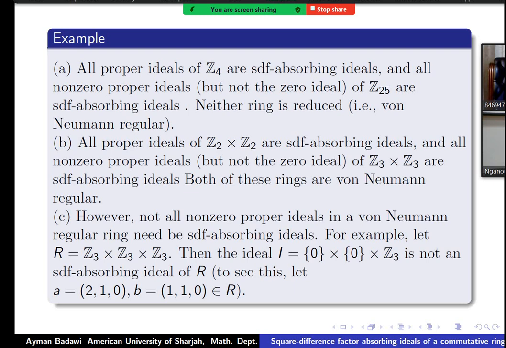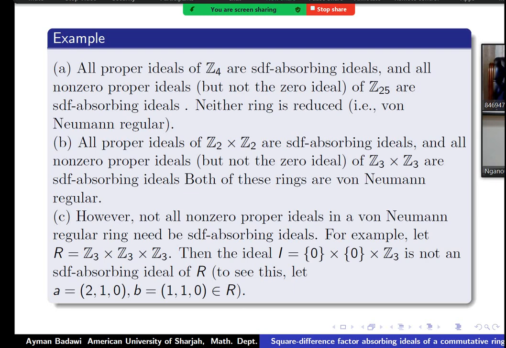Here, this is a von Neumann regular ring. All proper ideals are SDF. And if you take Z3 cross Z3, the non-zero proper ideals of this ring will be SDF absorbing ideals. And observe both of them are von Neumann.